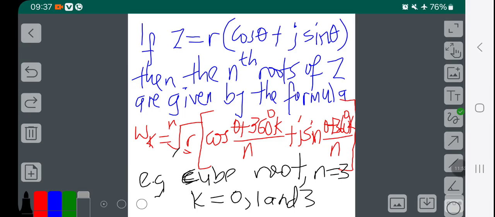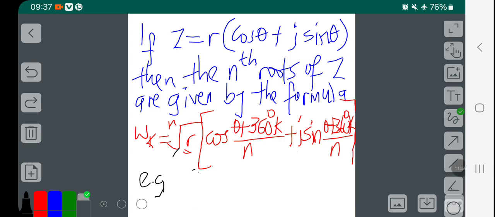Usually they will be asking you for a square root or cube root. But okay, lastly, let's say it's a fourth root. Usually they don't ask for this one; I'm just giving an example. If it's a fourth root, then n is equal to 4.